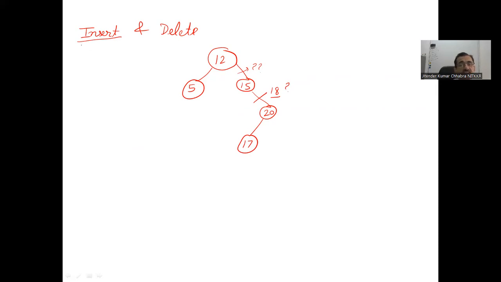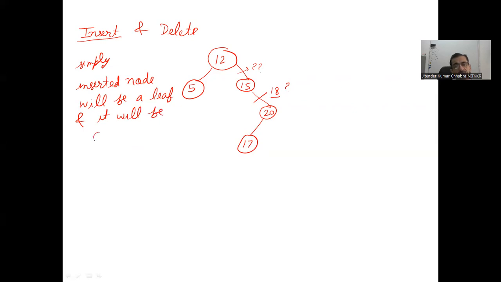So insertion is implemented in a simple way, by saying that the inserted node will be guaranteed a leaf. First thing, it will become a leaf, and it will be connected at the deserving place where a vacant pointer is available.